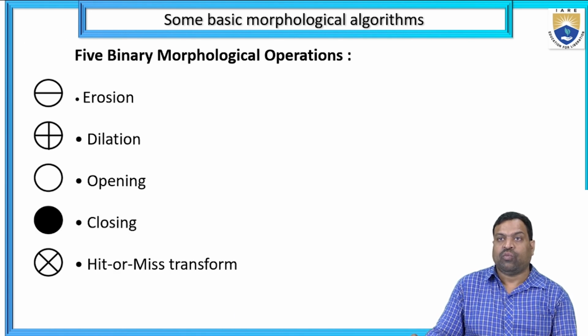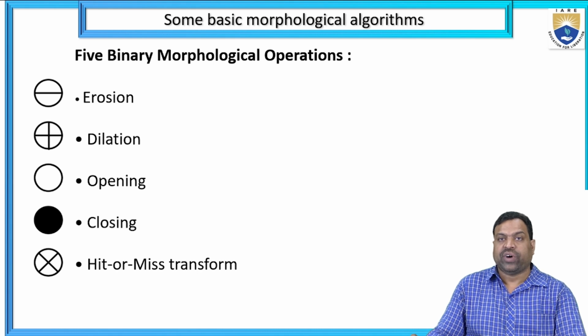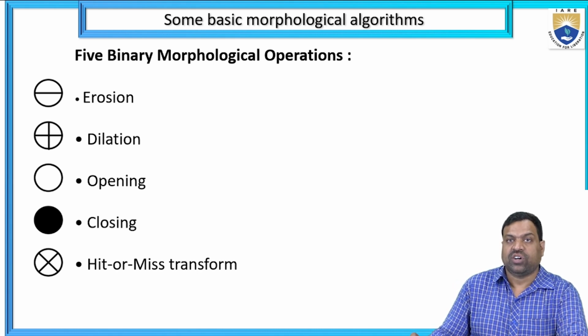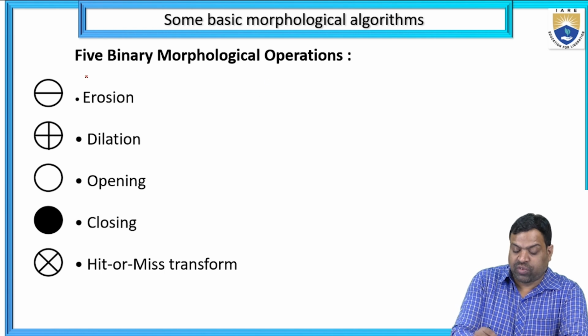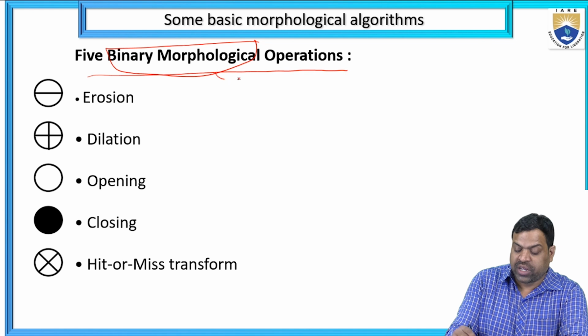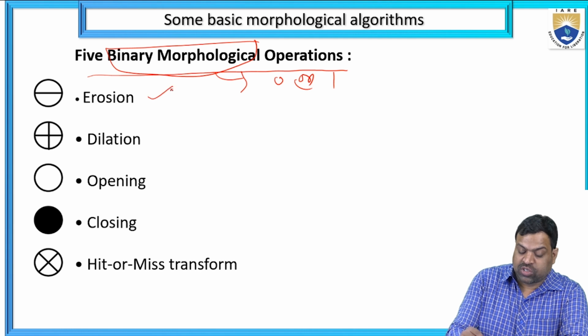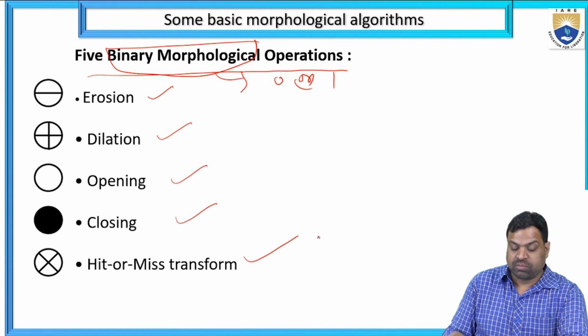So major things, what are the morphological algorithms? The 5 binary morphological operations are the very, very important ones. Binary means in the form of 0 or 1 only. So erosion, dilation, opening, closing, hit or miss transform.